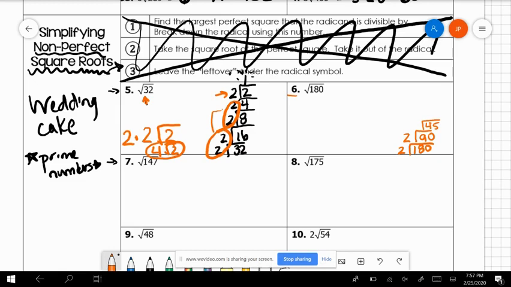Now I can't divide by 2 this time. So what I want to do now is I need to try another prime number. You always want to be trying prime numbers here. So I'll try 3. Just go to the next one. That gives me 15.